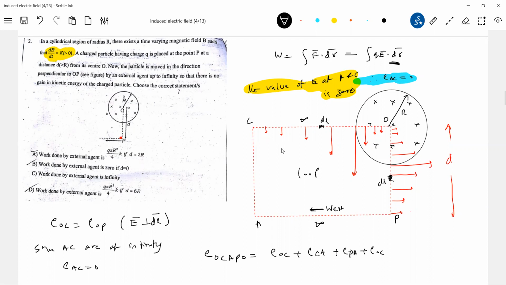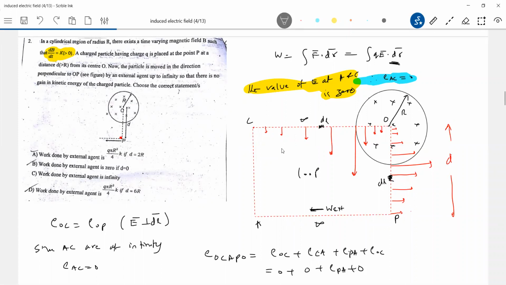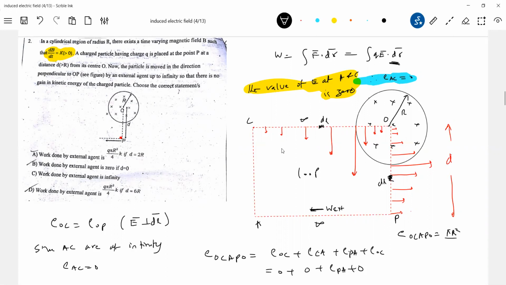All these are 0, 0. This is 0, and this is 0. How to calculate EOCOP? The B field is present only in this region, the quarter circle. So S into dB by dt; calculate separately. EOCAPO should be equal to pi r square by 4 into alpha, the effective area.